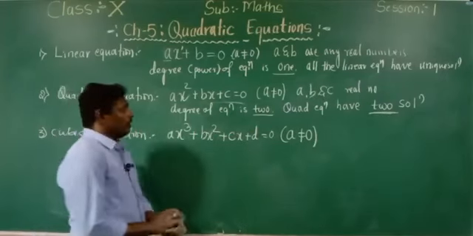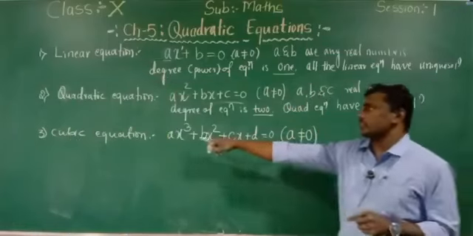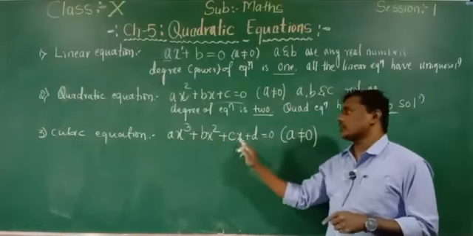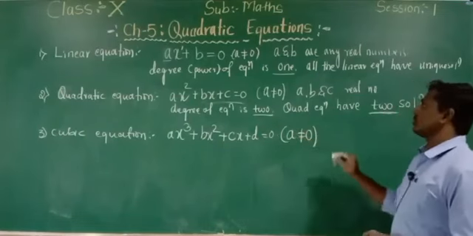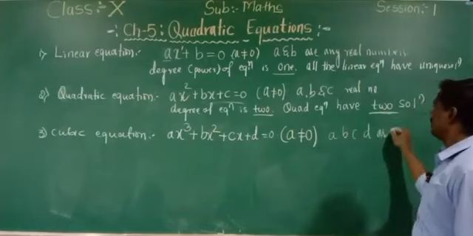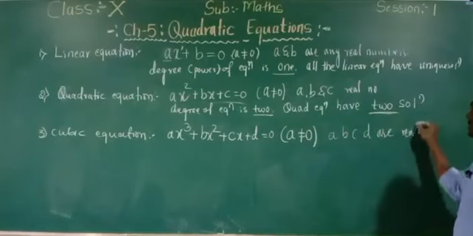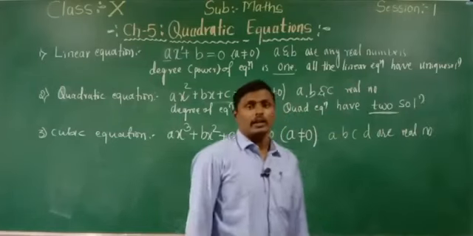Okay, next one, the standard form of the cubic equation is ax cube plus bx square plus cx plus d is equal to 0, where a is not equal to 0, and a, b, c and d are real numbers, whether positive numbers or negative numbers.